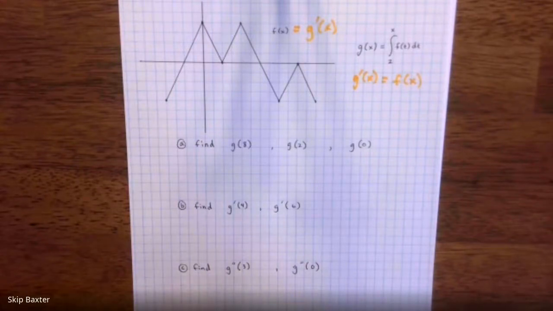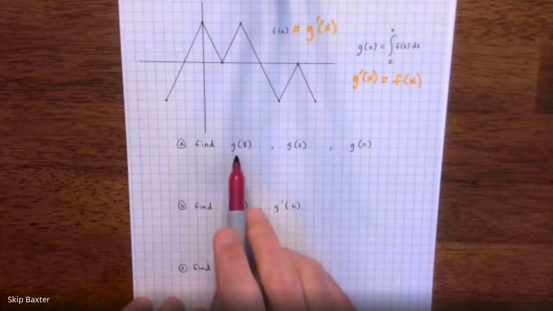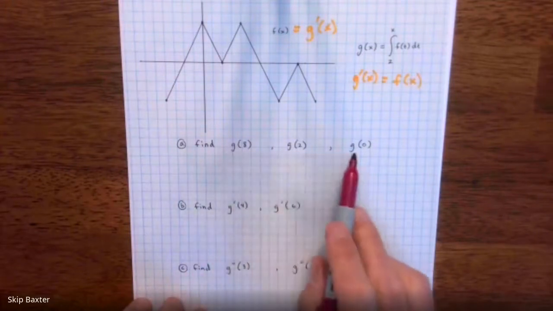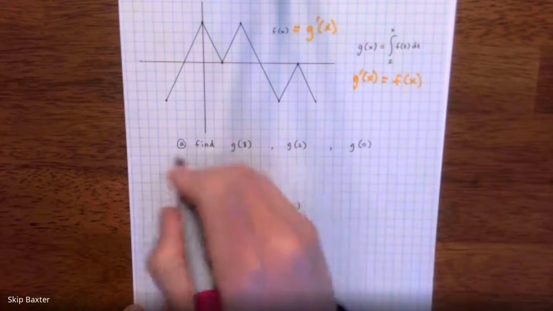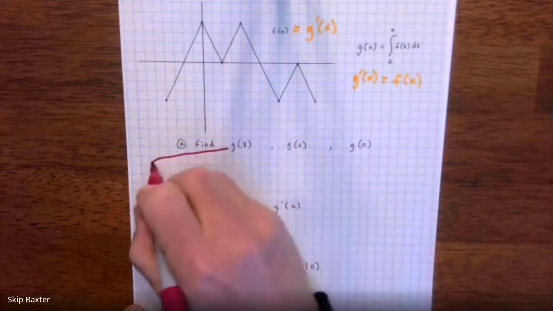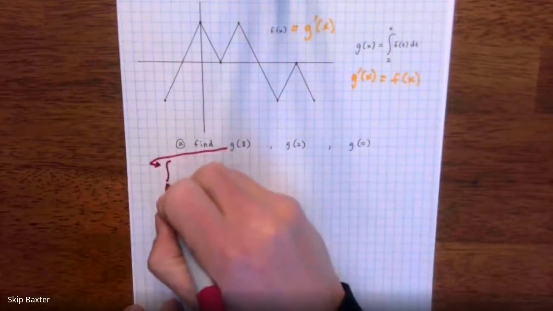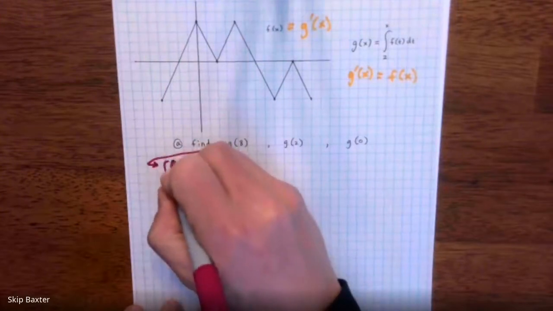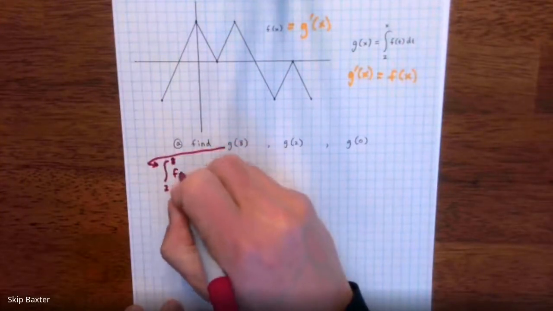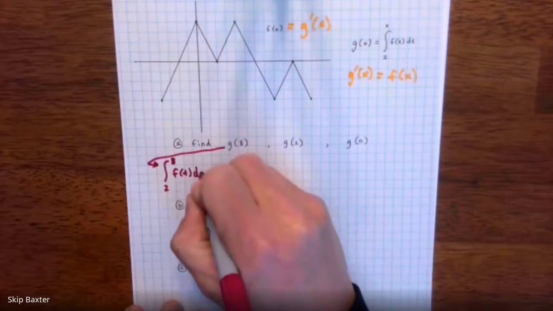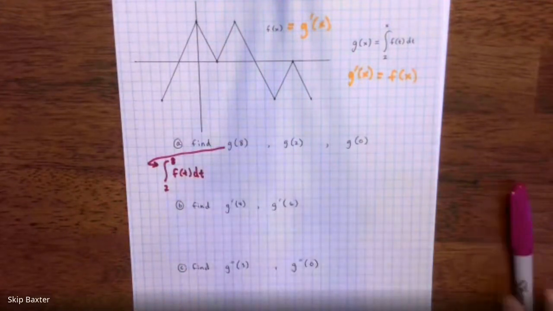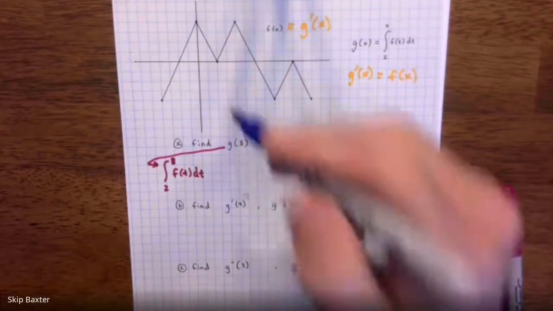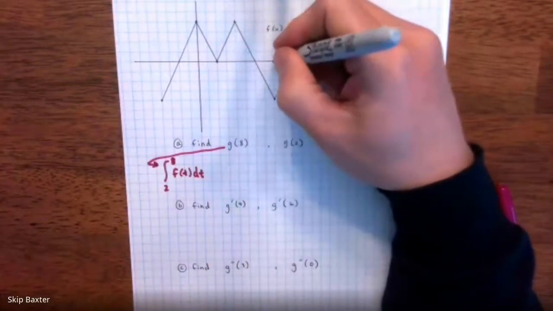Like, in these first series of questions where I'm asked to find g of 8, g of 2, g of 0, I just use the simple definite integral. So g of 8 would just be the integral from 2 to 8 of f of t dt. So I have to use areas, right? If I look at the areas here from 2 to 8, well, 8 is here.